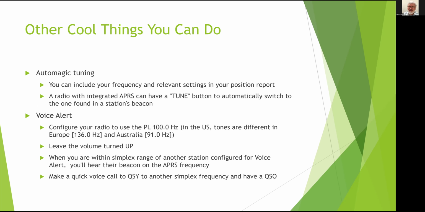And then you can key up on that 144.39 frequency and say, hey, APRS voice alert, switch to 146.52, the national calling frequency, and I'll meet you over there. And then they will have heard that because you sent that with CTCSS and they're decoding CTCSS. So they'll know to switch over there and talk to you, which on simplex, is kind of cool.